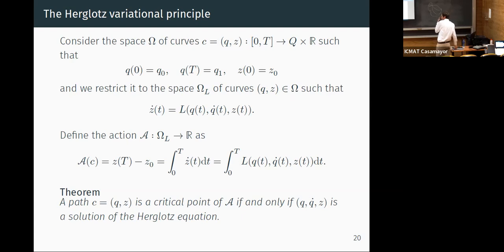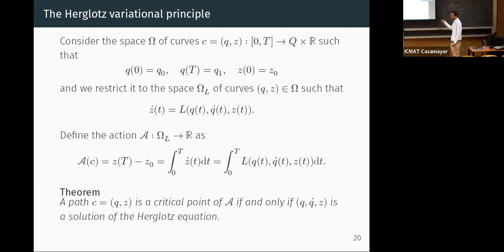This is a variational principle, and from this you obtain the equations. It's just that instead of being given by an integral, it's given by an ODE, because now the Lagrangian depends on the action. I don't know if I can explain myself correctly.